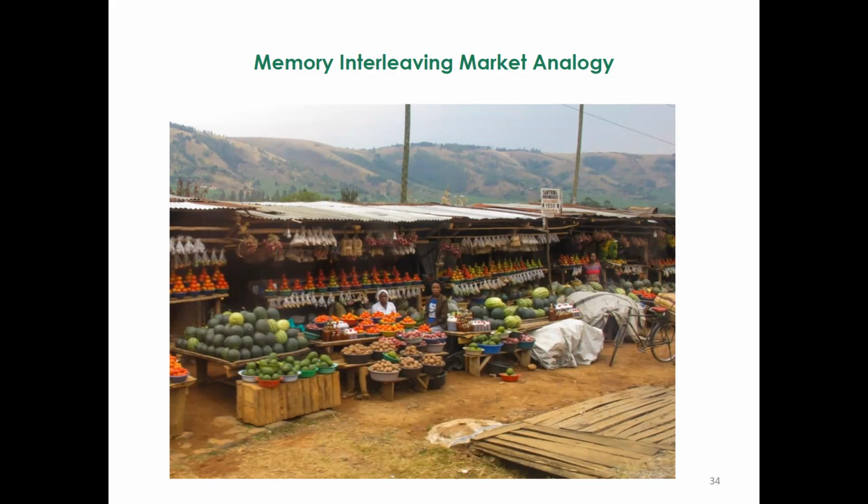Of course, this has its own problems, in terms of the queuing effect, which will slow down performance of your market, which is really what happens in a memory system that does not have interleaving.